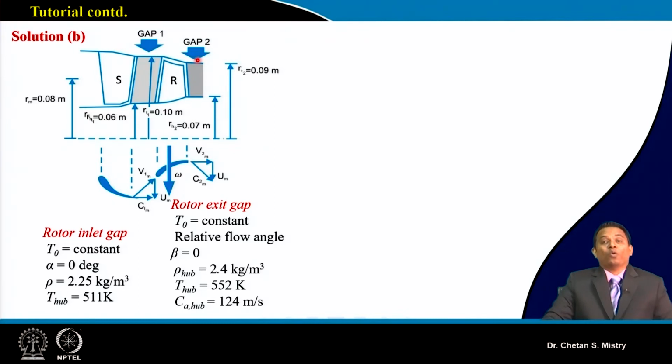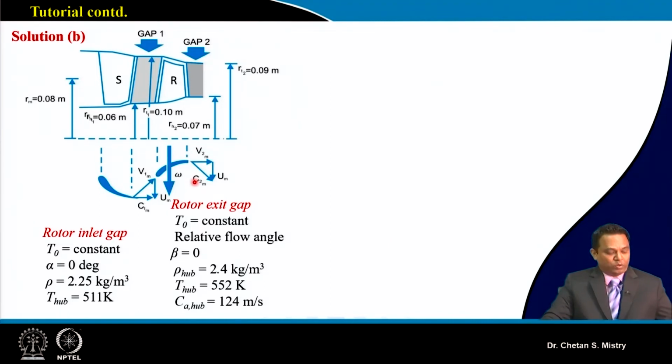Now we need to calculate what will be my static pressure at the tip. In this case we do not know the exit static pressure at the hub, and we don't know the exit static pressure at the tip. So the very first thing is we need to calculate the static pressure. We need to calculate our critical velocity ratio, which means we need to calculate the various velocity components at the exit.